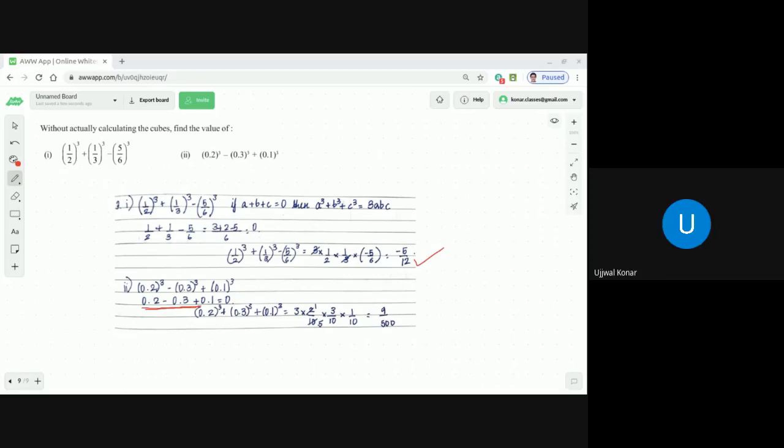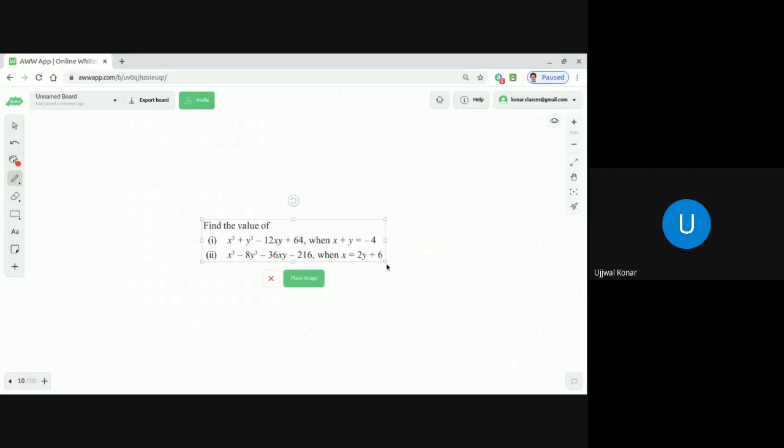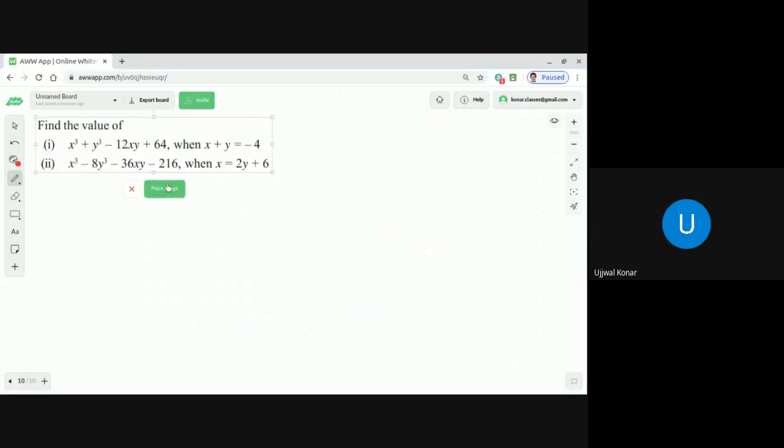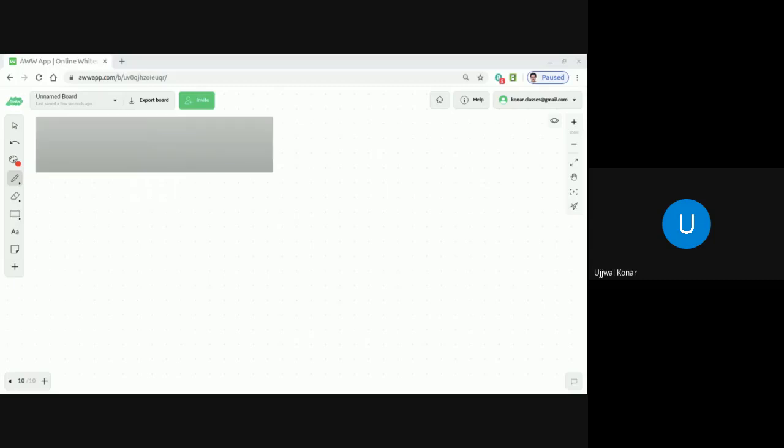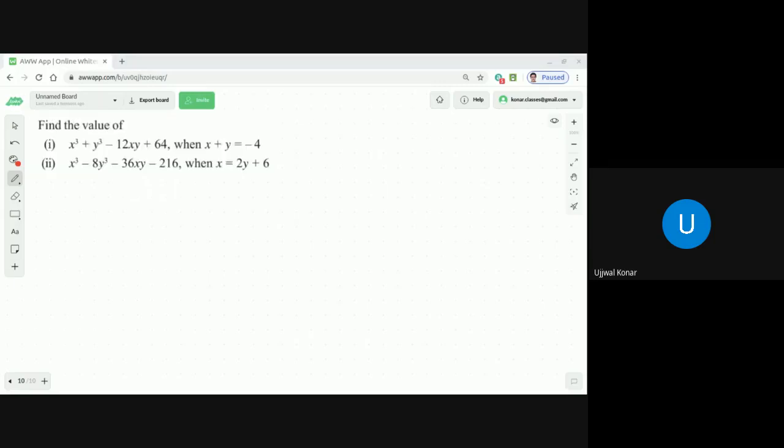Let me bring the question here, and let me check your answer as well, what you did for the fifth one. So, if we look into the fifth one, dear students, it is x cube plus y cube minus 12xy plus 64.